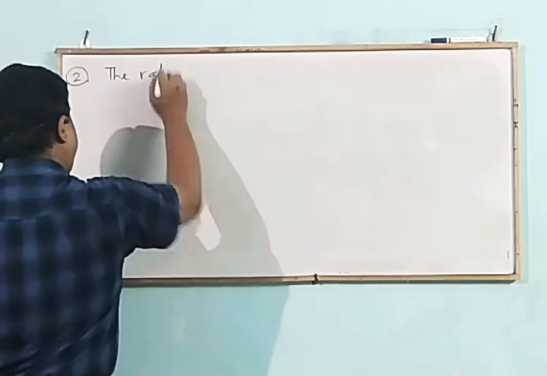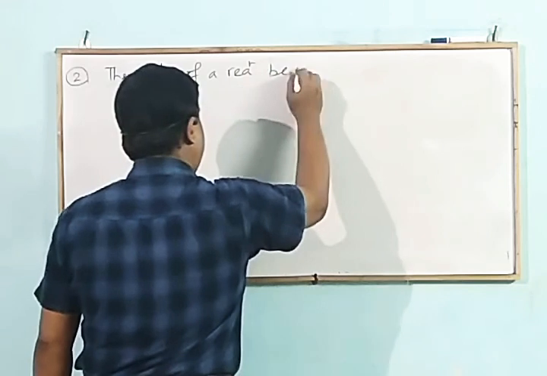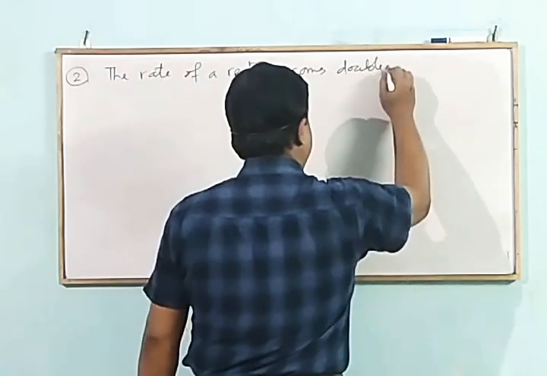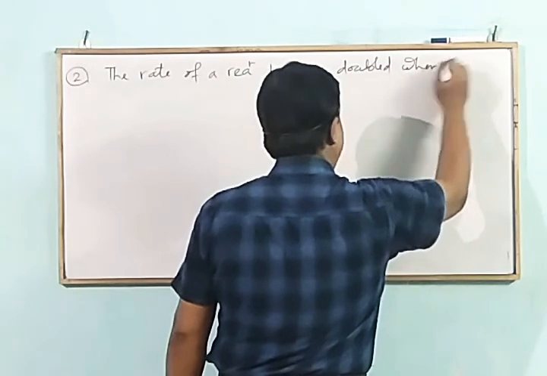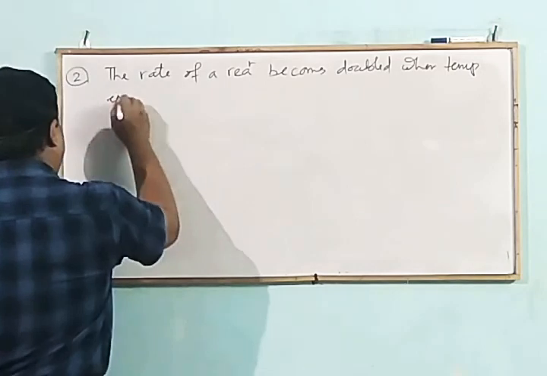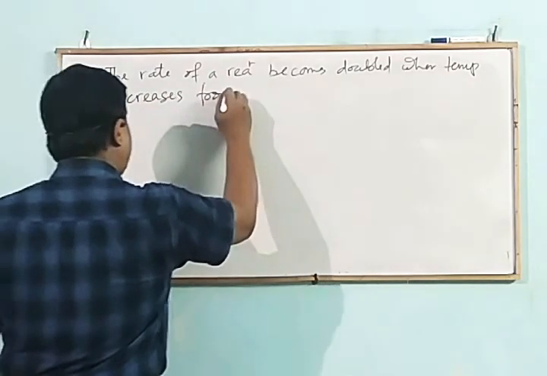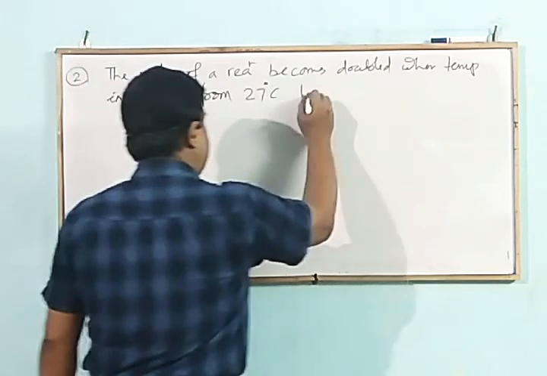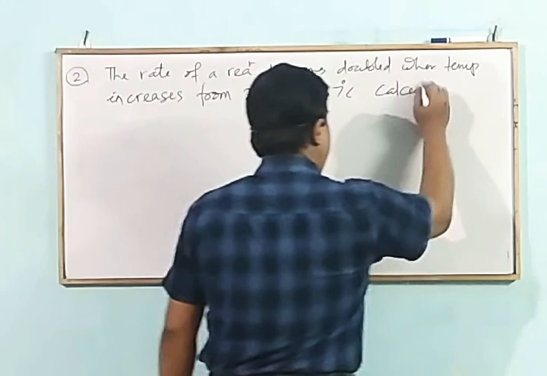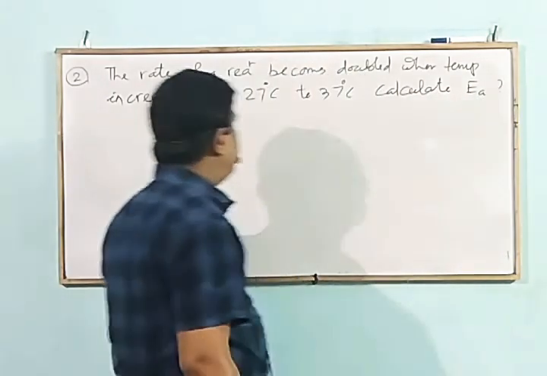The rate of a reaction becomes double when temperature increases from 27 degrees Celsius to 37 degrees Celsius. Calculate the activation energy. Mark that.